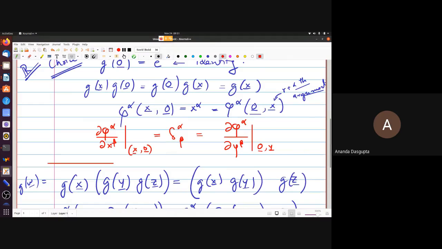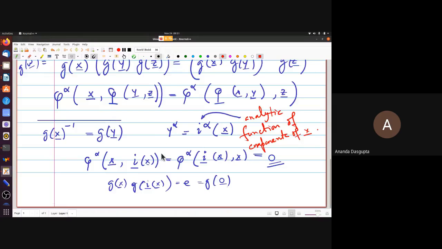But also, it must be possible to find inverse functions which essentially give you this property. And this inverse function must be an analytic function of components of x bar. So that's the complete restriction which defines the Lie group for us.